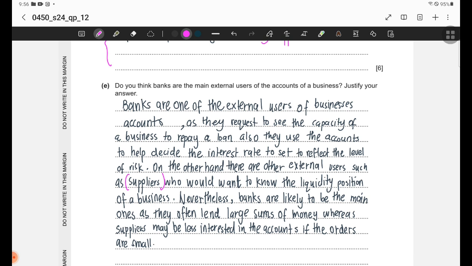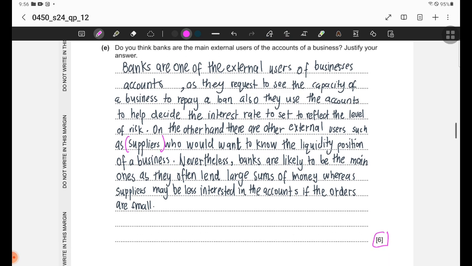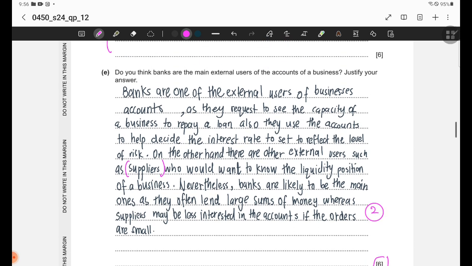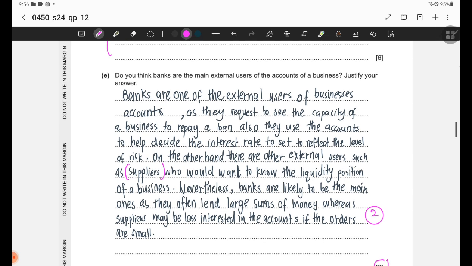For the justification, maybe you can leave it at 1 mark, but I suggest the justification should always be 2. That's safer for you. So for the bank, you could do 3 marks, and 1 mark for this one. So 4 for your main answer, and then 2 for the justification.